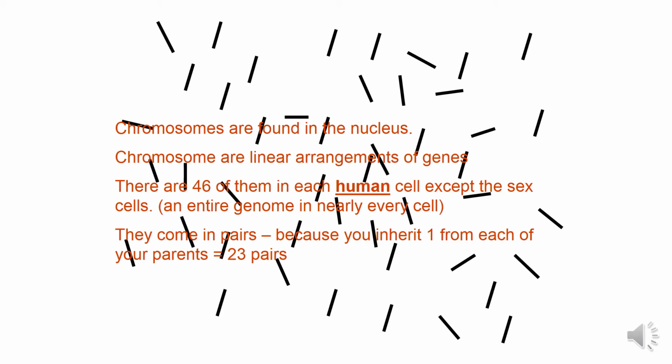So chromosomes are found inside the nucleus, and they are linear arrangements of genes. And all of your chromosomes together is what makes up your entire genome. But let's see what the chromosomes are now made of.